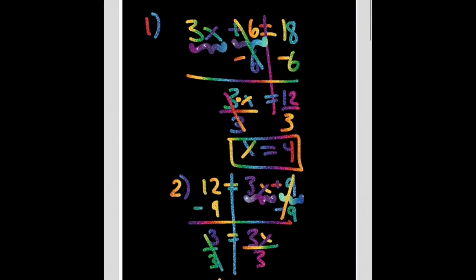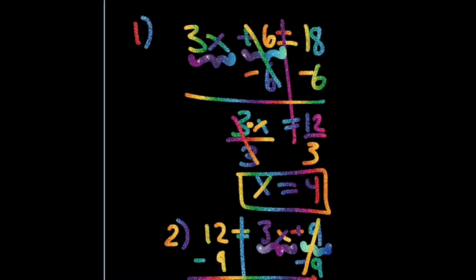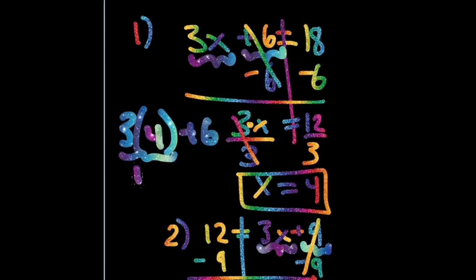So again, if you want to check over the work for number 1, that's also pretty straightforward, right? We would just plug in 4, so that's 3 times 4 plus 6. First multiply, which is 12, plus 6. That gives us 18, and 18 does equal 18.